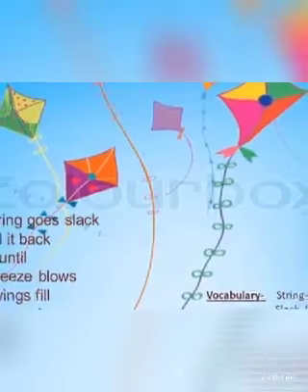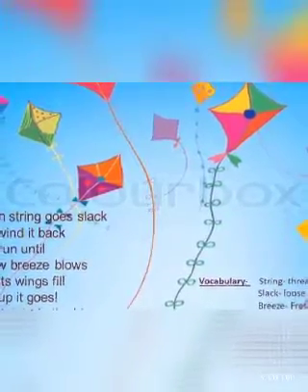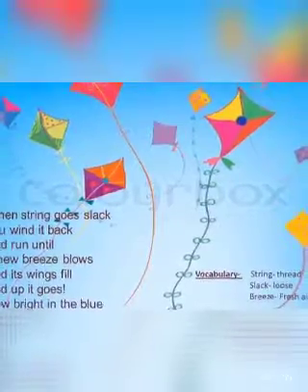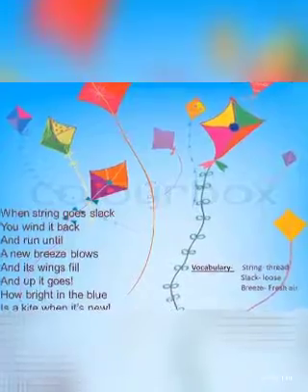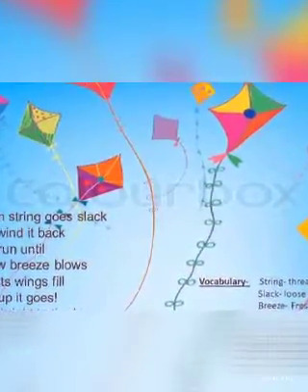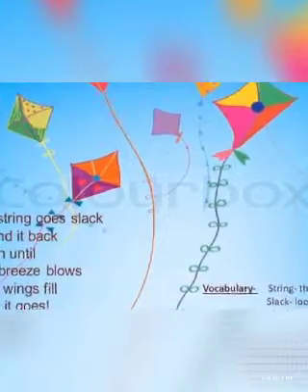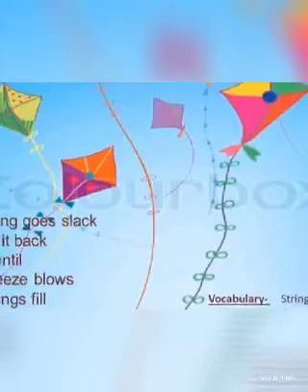When strings go slack, you wind it back and run until a new breeze blows. So what is the poet saying here? The poet says that the thread which is tied to the kite loosens. The flyer, what does he do? Here flyer means the person who is flying the kite.